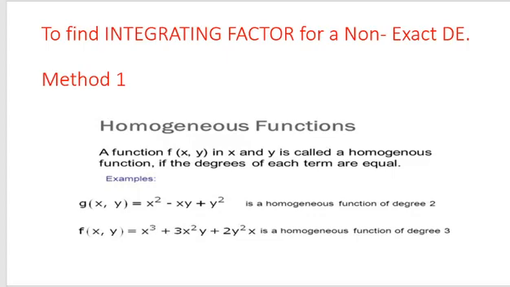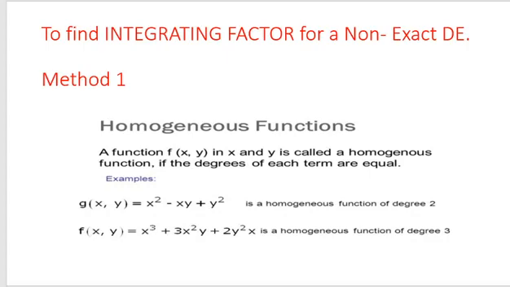Similarly, the y² term also is of degree 2. In this g(x,y), you have 3 terms and each term is of degree 2. Hence, g(x,y) is a homogeneous function of degree 2.